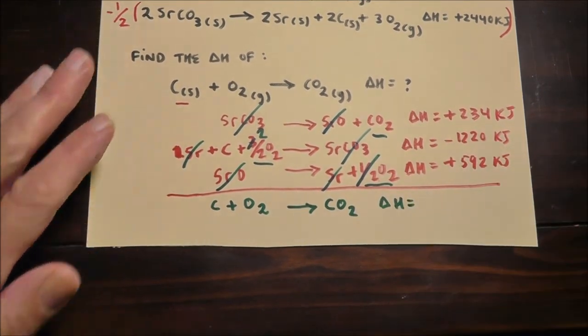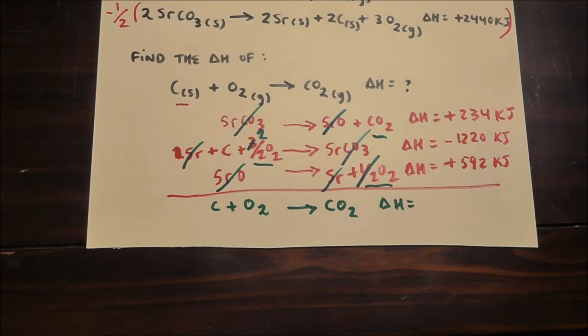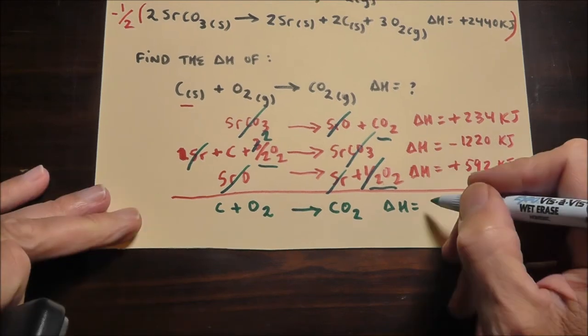Now comes the finale, when I have to add up my delta H's. So positive 234 minus 1220 plus 592 minus 394.